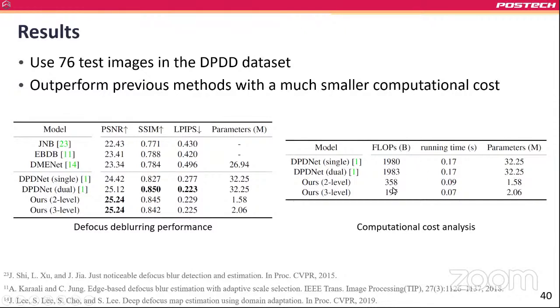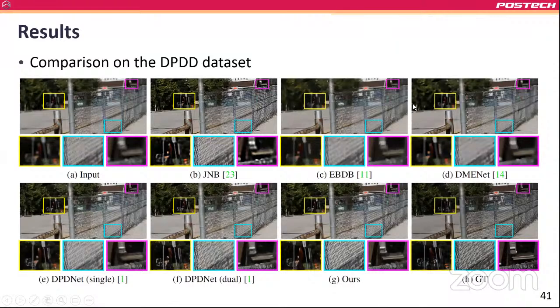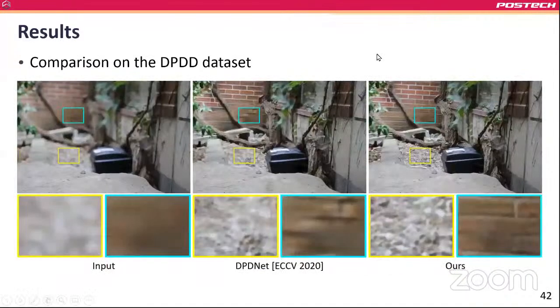It is very fast and has a very small number of parameters compared to previous work, because our network is designed by fully exploiting the specific features of defocus blur. There are some other results, and you can see that our result is better than the previous ones. Another result, and ours is better.